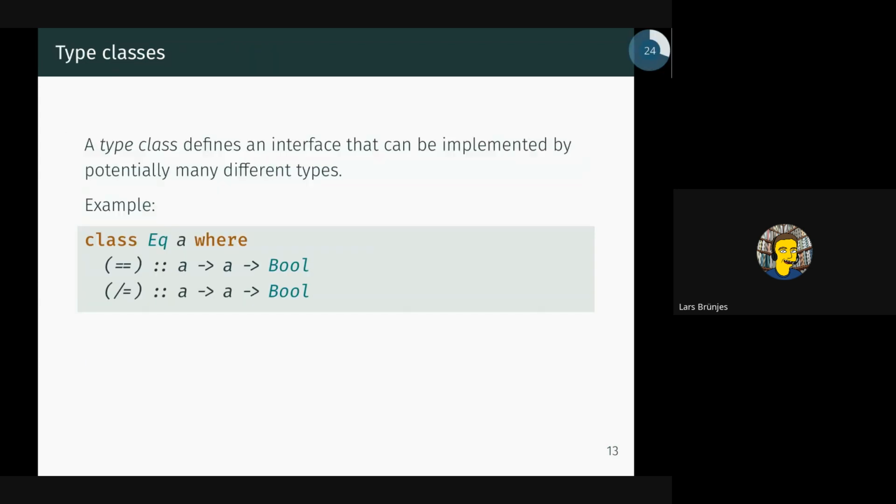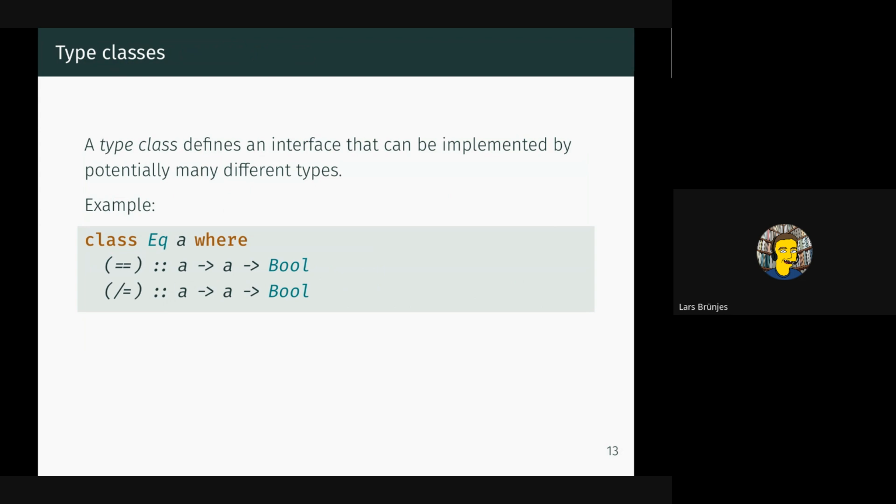In Haskell, that's done with type classes that we already briefly touched upon. Type class is unique to Haskell, but it's similar to what other languages call interfaces, and interfaces can be implemented for potentially many different types.